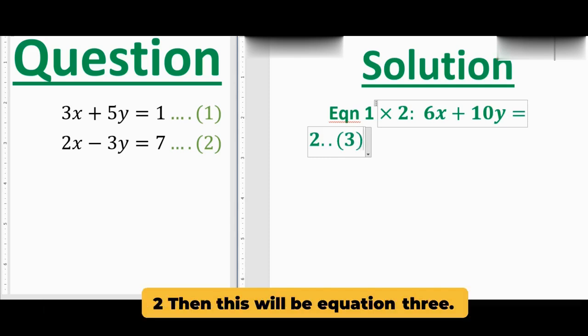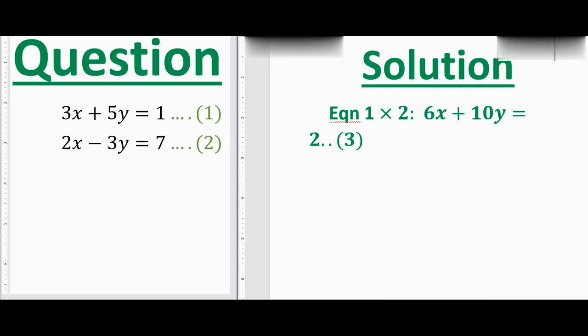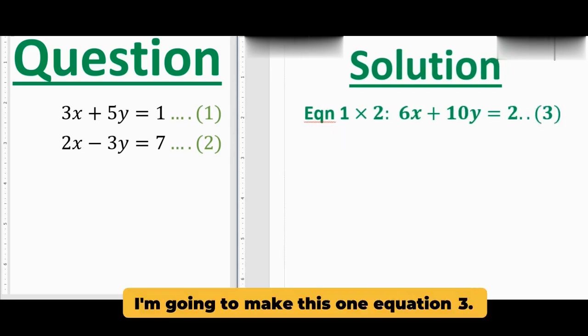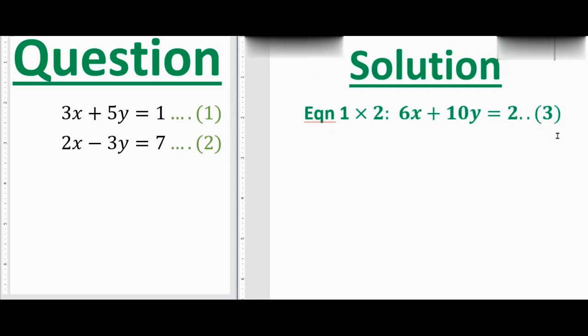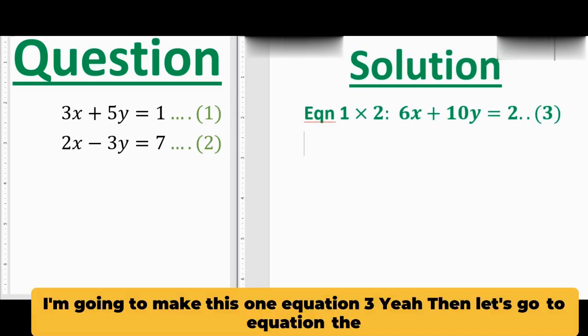We are going to get 2. Then this will be equation 3. We are going to make this one equation 3.